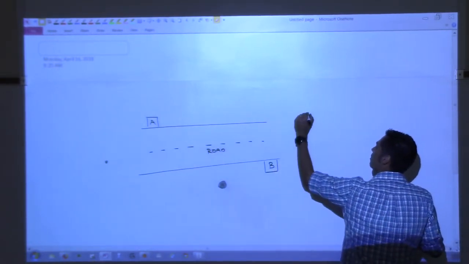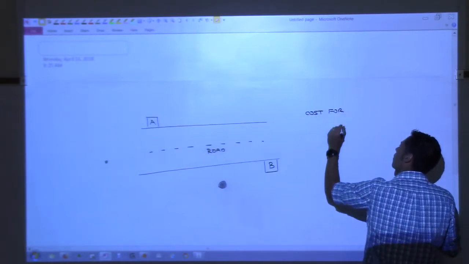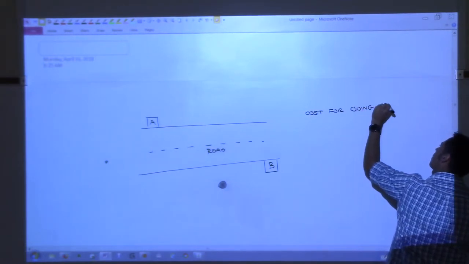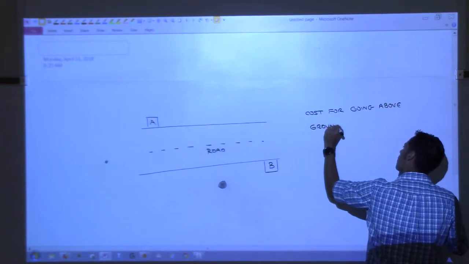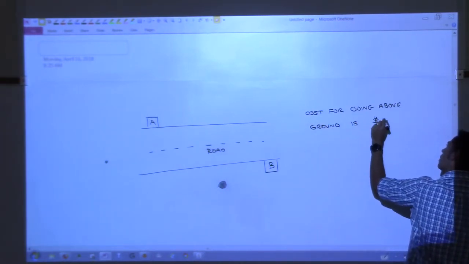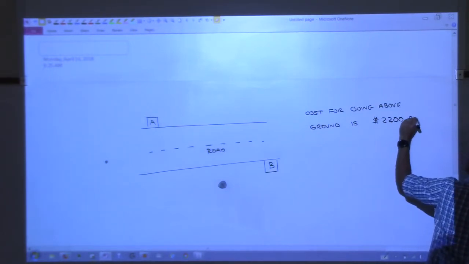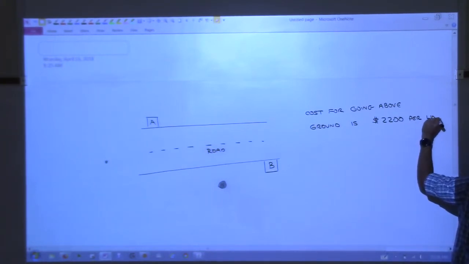The cost for going above ground is $2,200 per linear foot.